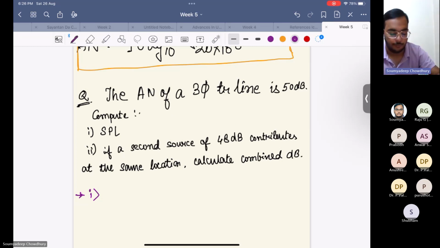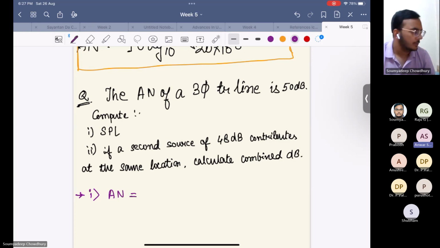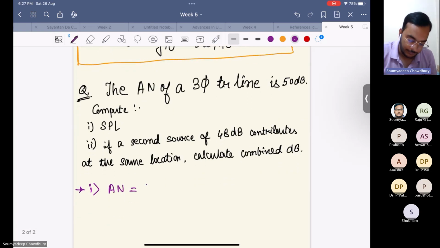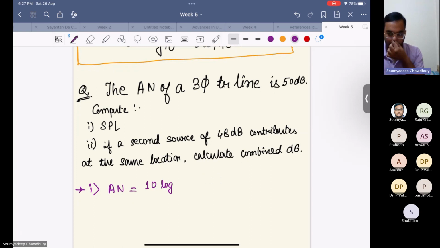Or the second part, any part, if you have completed, you can tell. Is it 2 Pascal, sir? Yeah, correct. First question, first answer is 2 pascals. So basically, and you can try the second part also. Anyone else done the first part?